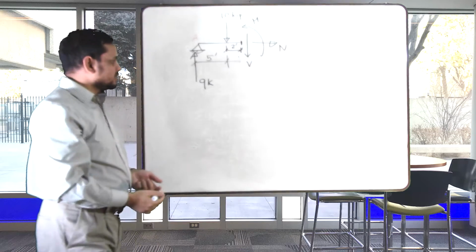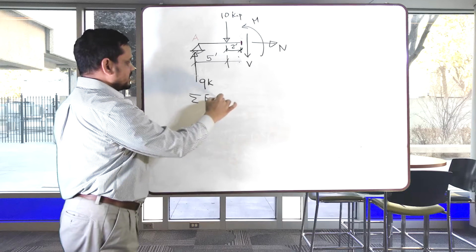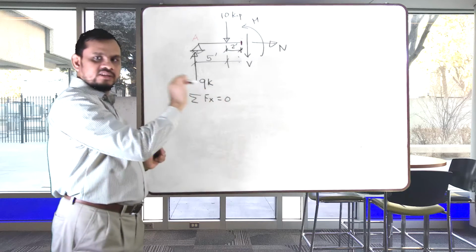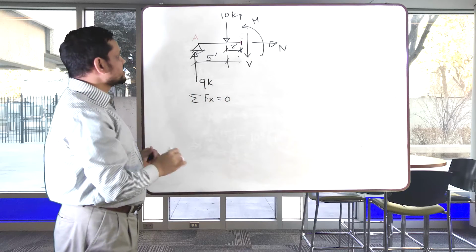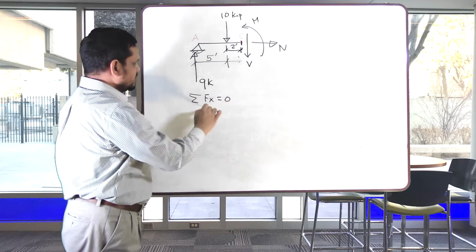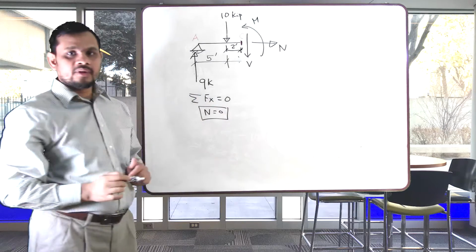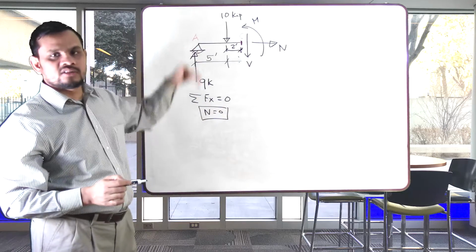Yes. If we apply summation of Fx, the summation of force along the x direction is 0. What are my forces? N, no other force. So N is 0, because there is no horizontal force.